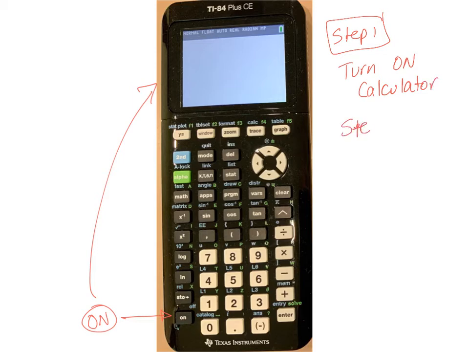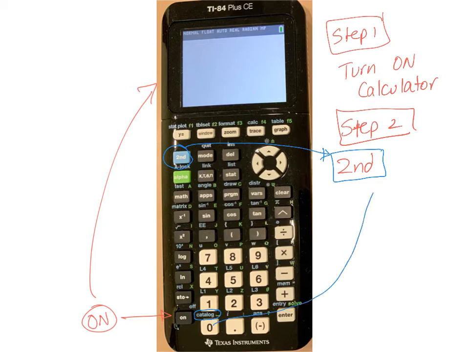Step two, go to second, the blue button right here. This guy, second. And you'll go to catalog. You see this catalog? This is what we'll be pressing. So second and catalog, or in simple words, second and the digit 0.